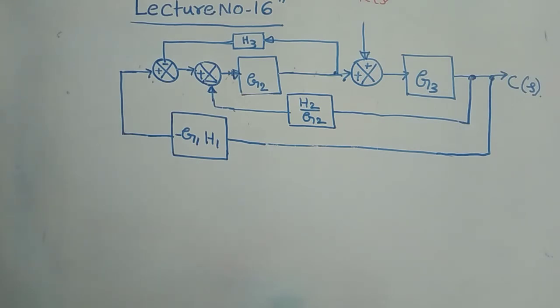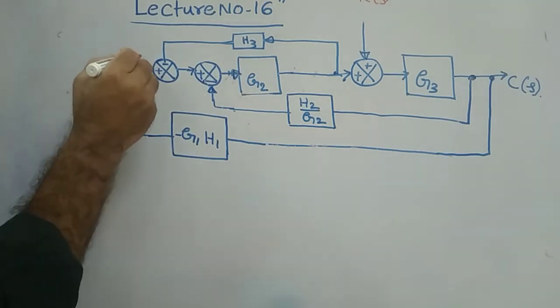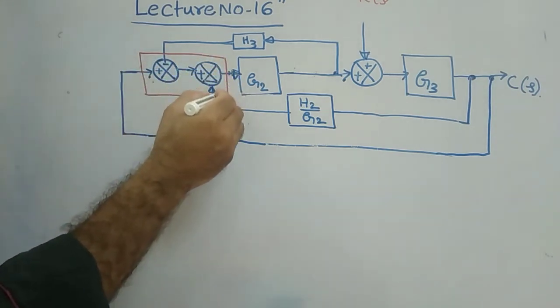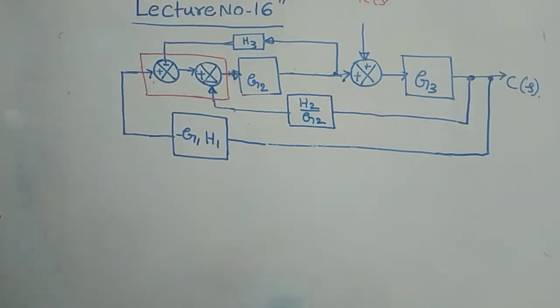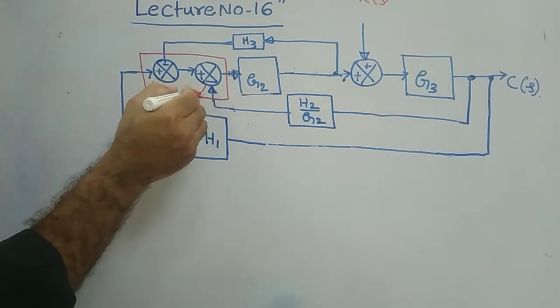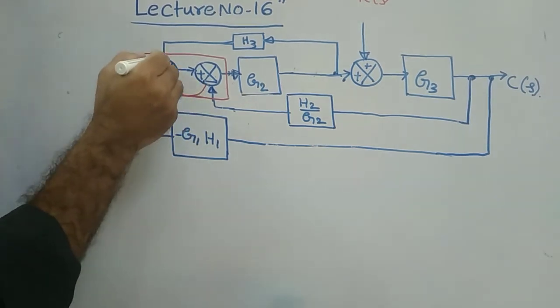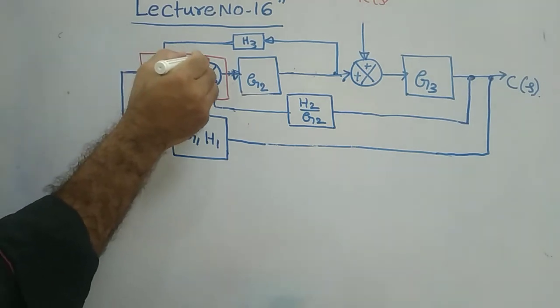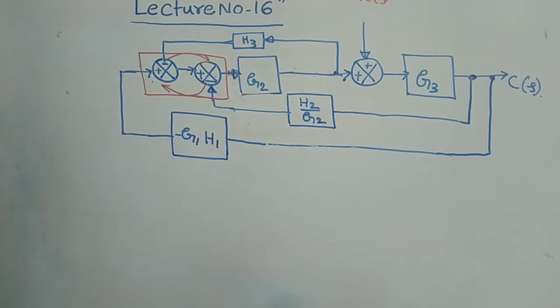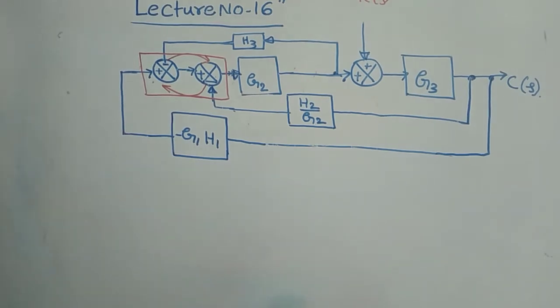For my convenience, I will interchange these two summers. I will put this connection here, and this summer will be in this place, so that it becomes very, very simple.